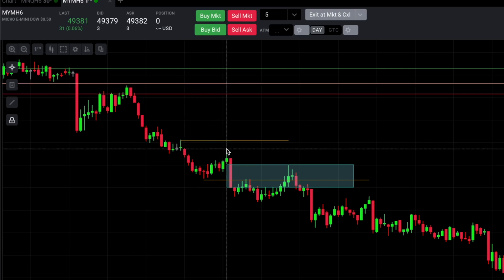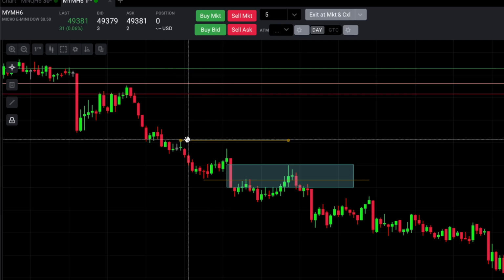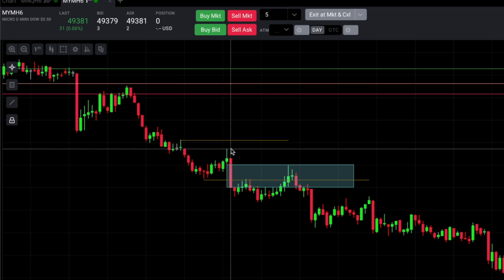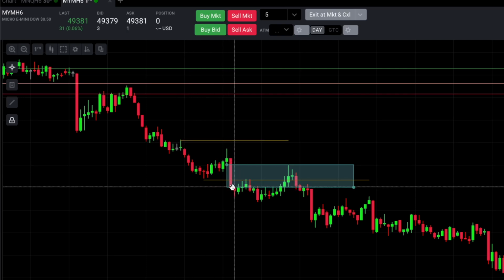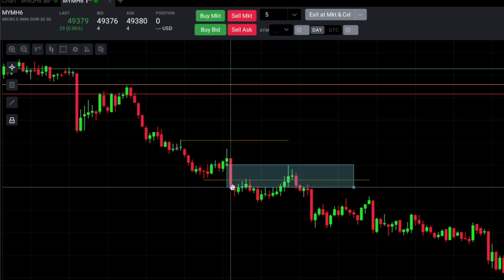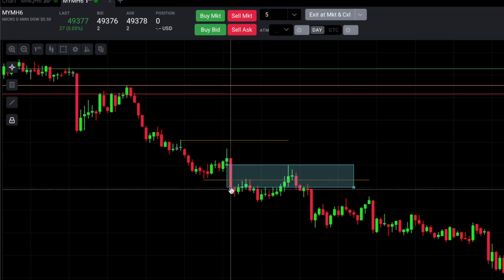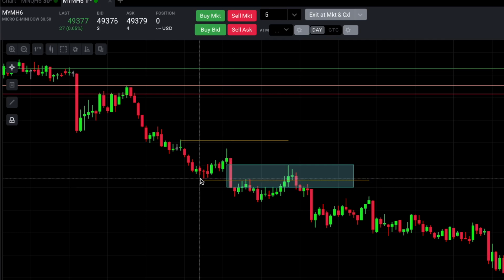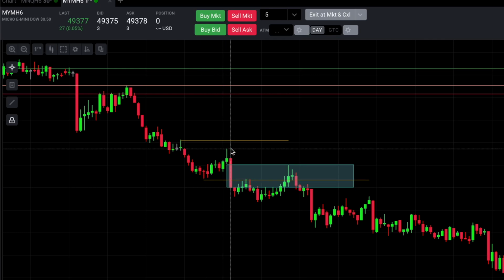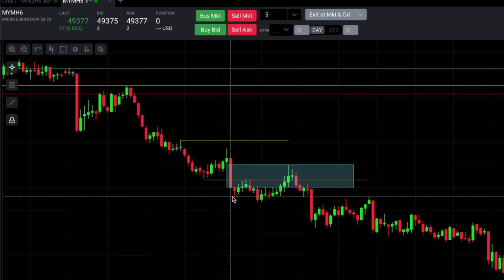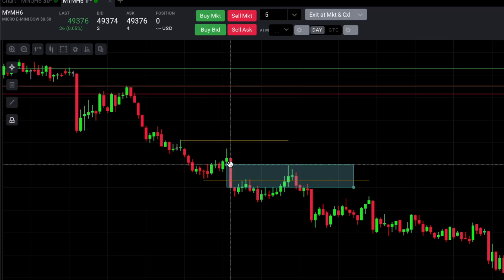Notice how this lower high right here didn't go above this previous one. Next thing is you want to make sure the new lower low, the body of the candle, closes lower than the previous lower low. So we can see on this candle right here, the body of it actually closed lower than this previous lower low. So as this lower low is formed, I saw that we had a fair value gap formed.